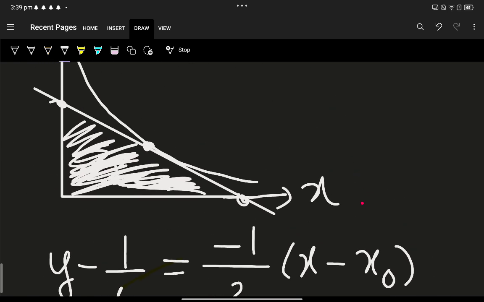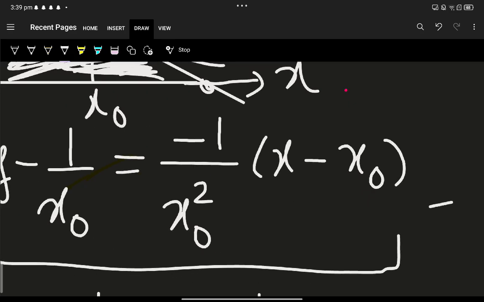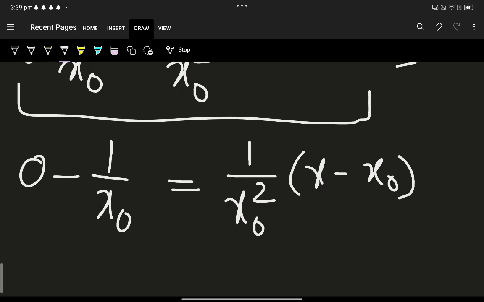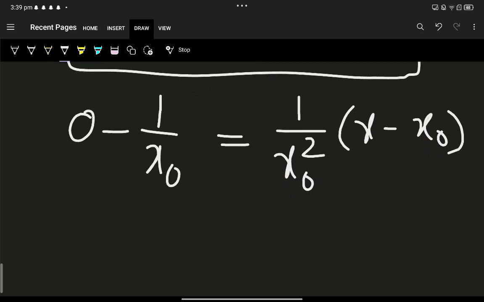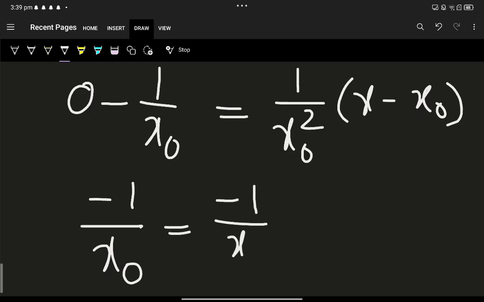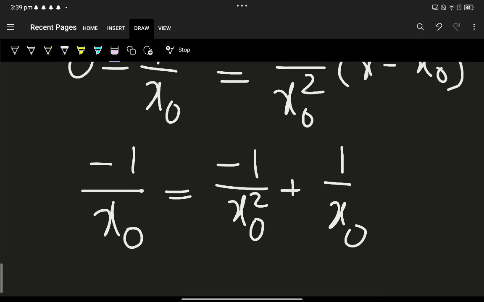This point right over here is x naught. This is the equation for the x-intercept, and when we further solve it, it will be minus 1 upon x naught equals minus 1 by x naught squared times x plus 1 by x naught. I hope it's correct, right?